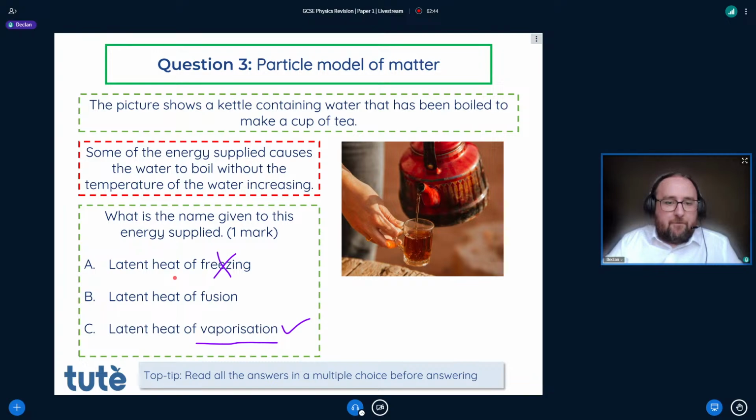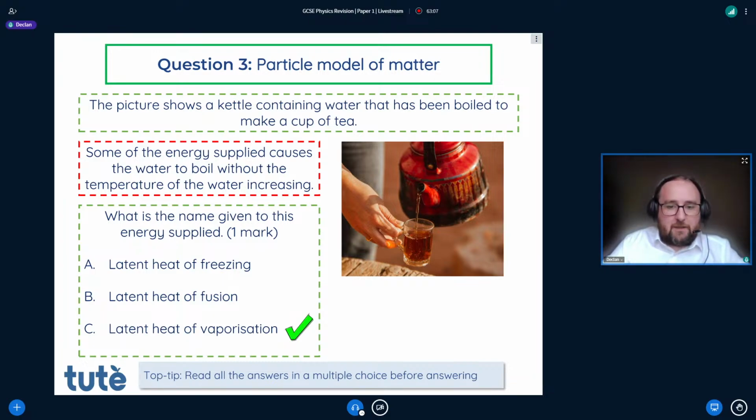Fusion is that solid to liquid area, so we know it's not that one either. I like to put little crosses, ruling out the ones it can't be until I get to my latent heat of vaporization. So that gets me my 1 mark.